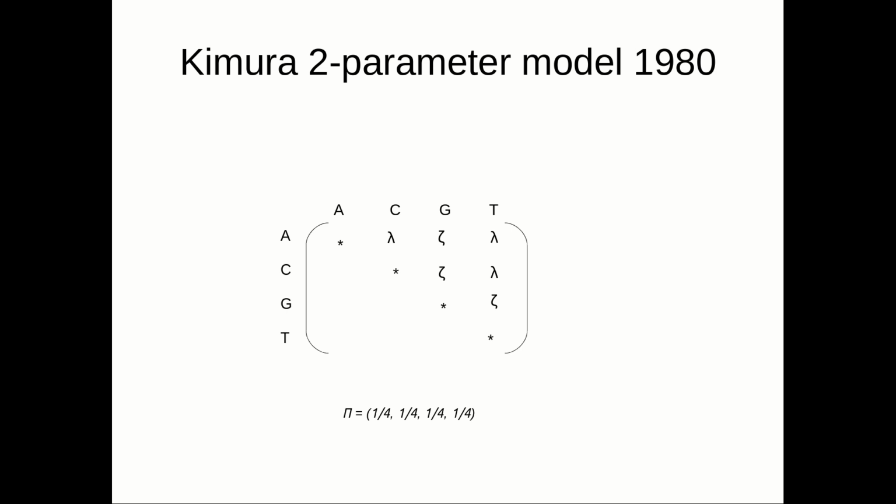This is the Kimura 2 parameter model from 1980 that distinguishes between transitions and transversions. Here we're considering a rate matrix with 2 distinct rates, lambda and zeta, which yields a slightly more complex model, but we still assume that all stationary frequencies are identical to 1/4.